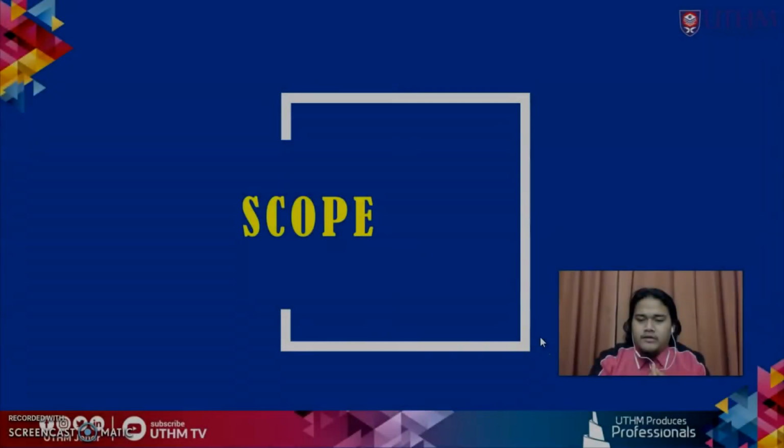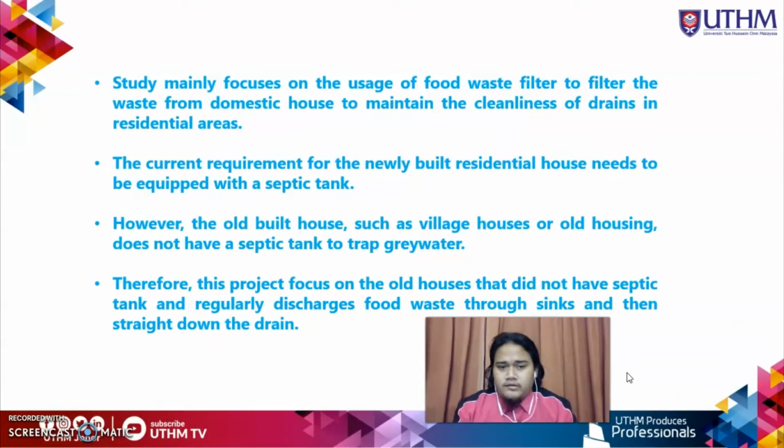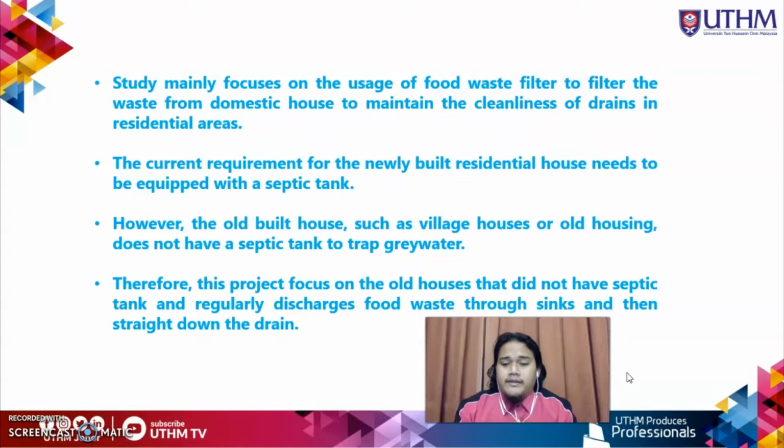The scope for the study is the study mainly focuses on the usage of the food waste filter to filter the waste from domestic houses to maintain the cleanliness of drains in residential areas. The current requirement for newly built residential houses is that they need to be equipped with a septic tank.